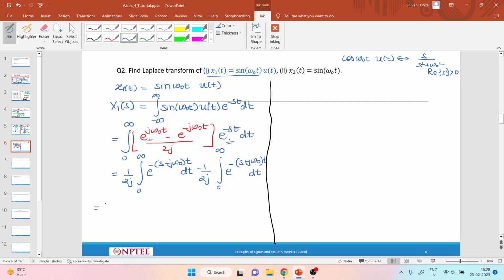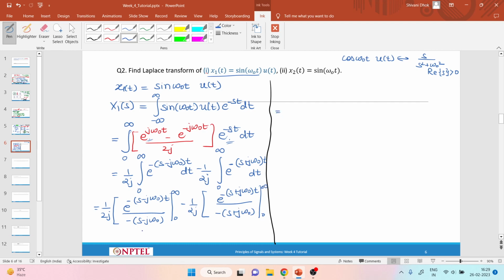The first integral gives me a result as 1 upon 2j e power minus (s minus j omega naught) t upon minus of (s minus j omega naught) from 0 to infinity, minus 1 by 2j e power minus (s plus j omega naught) t upon minus of (s plus j omega naught) from 0 to infinity.